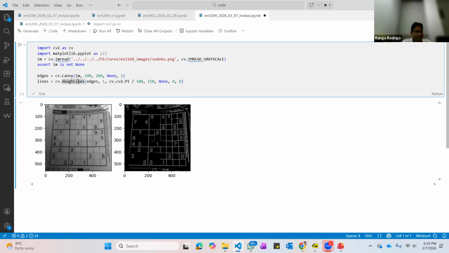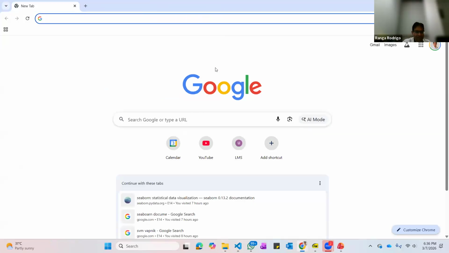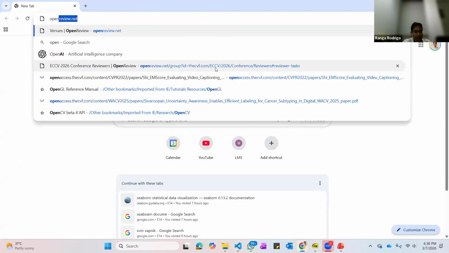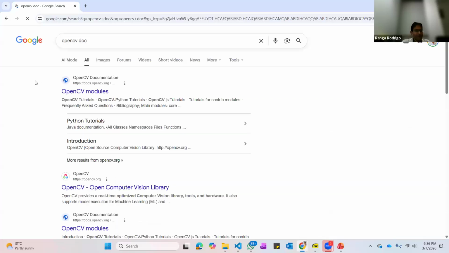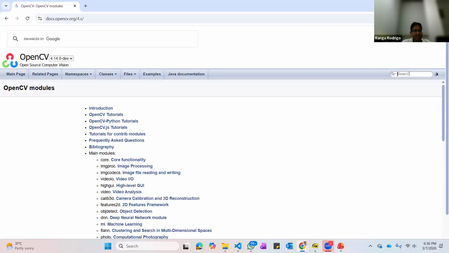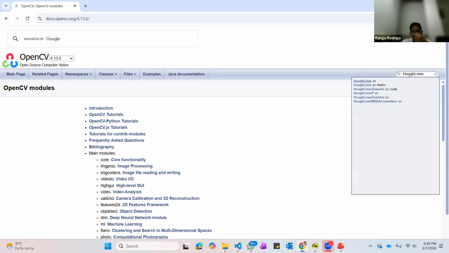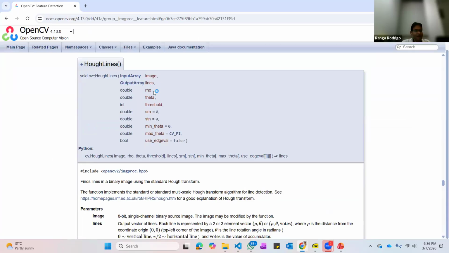So this is okay. If you want, you can look at the HoughLines help in the OpenCV doc. You can type HoughLines.